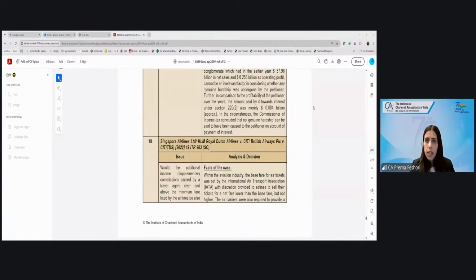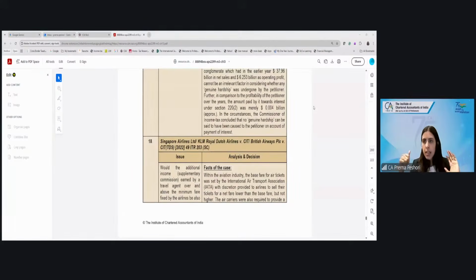Now, again, this is in a similar context, where the air tickets are sold. First of all, there is some base fare for the air tickets, which is set by an international air transport organization.